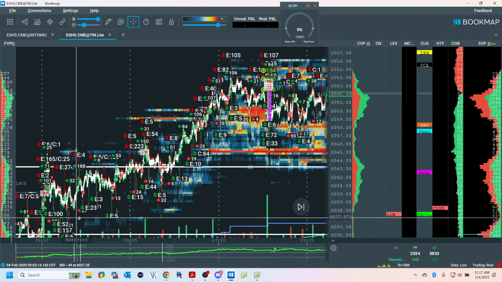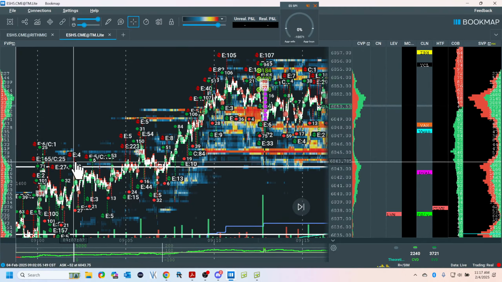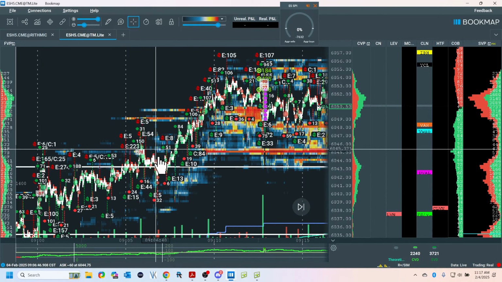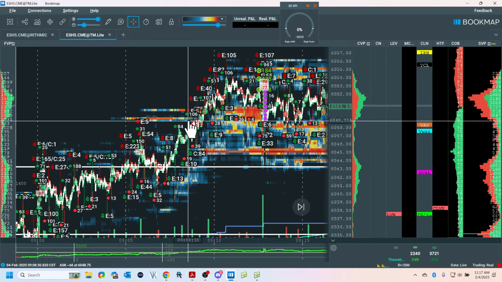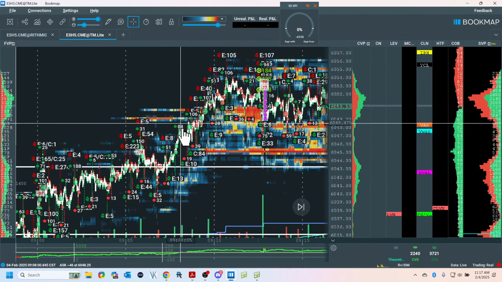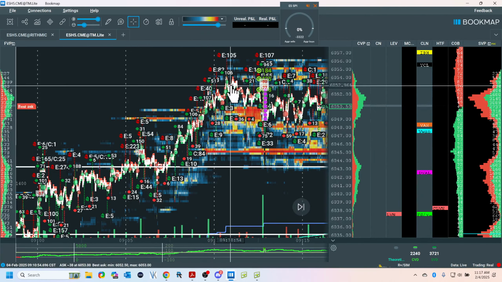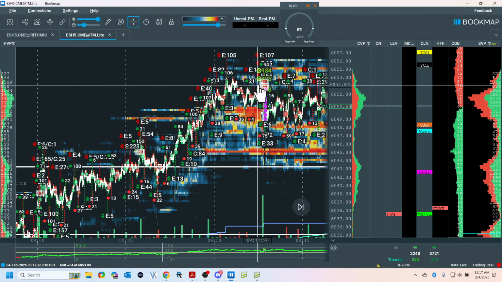Watch. Now, what happened here? Resistance was here. We break high, we pull back. Resistance becomes support or nothing. So going higher, going higher, going higher, going higher. Here, selling trigger, break low, resistance.